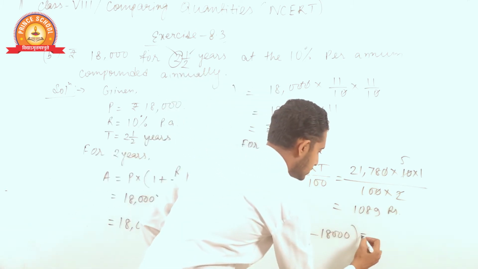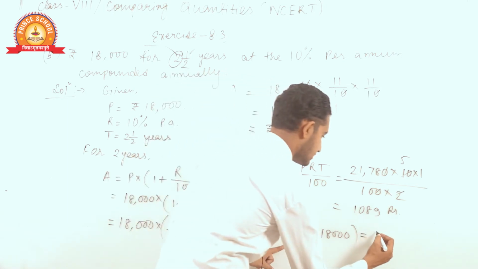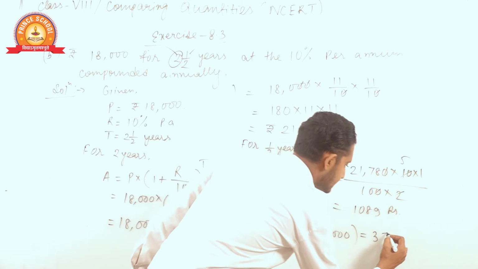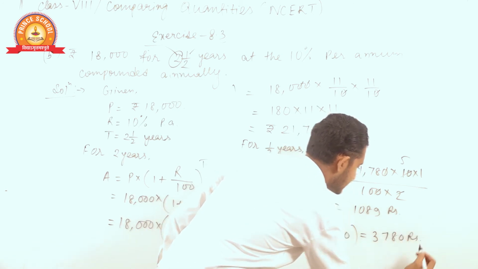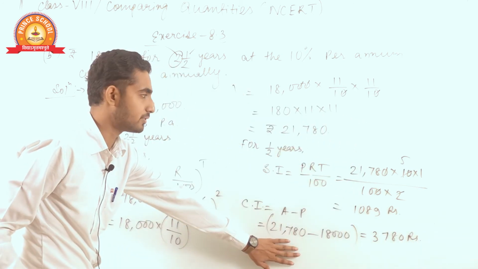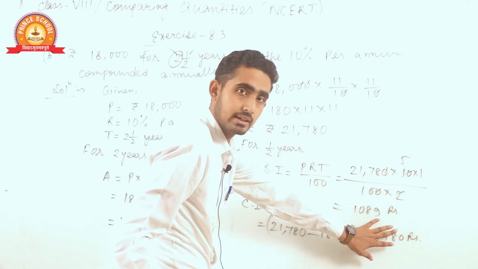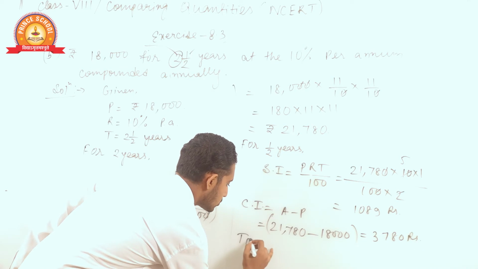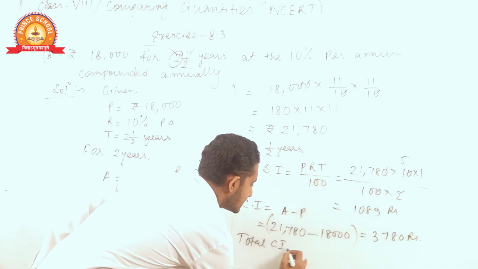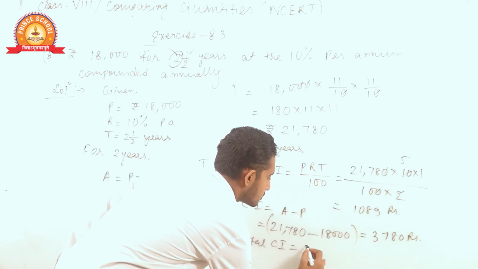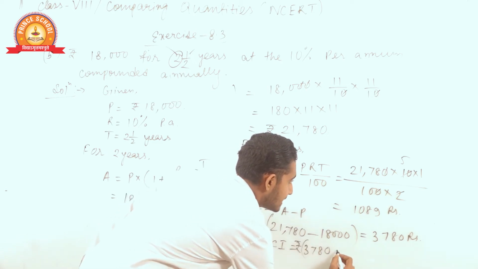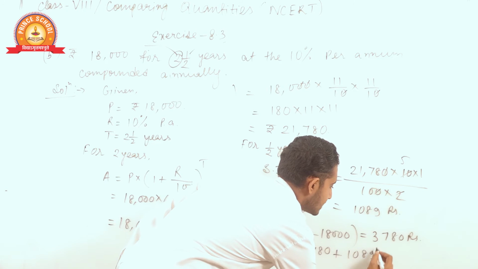Now that is your how many? 3,780 rupees. That is your CI, that is your compound interest, and SI is given. So total CI how many for 2.5 years? So we can say total CI is equal to, that is your 3,780 rupees plus 1089 rupees.